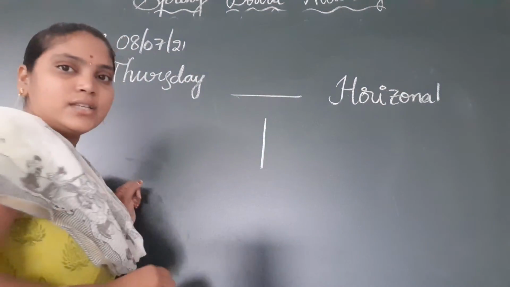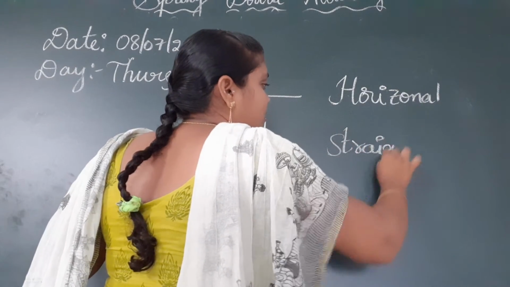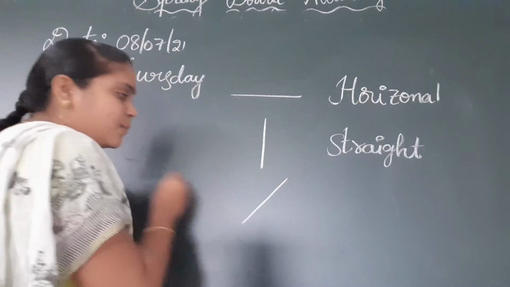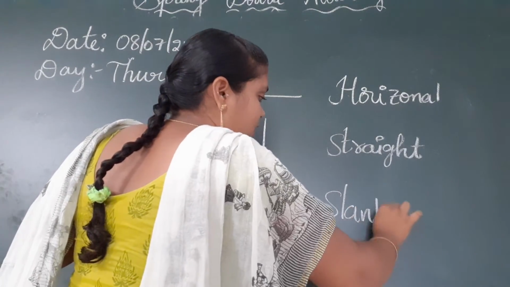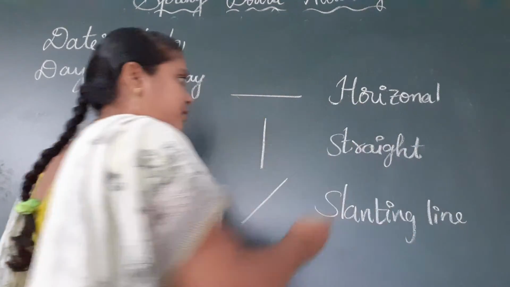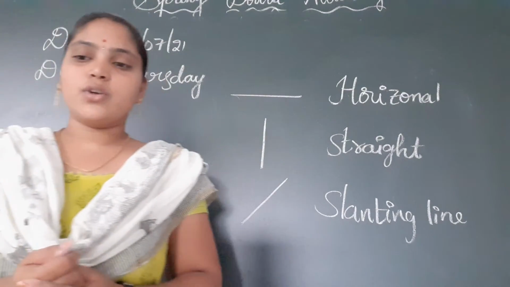And what line is it? This is a straight line. And what type of line is it? This is a slanting line. So we have discussed these three lines and we have discussed solid shapes.